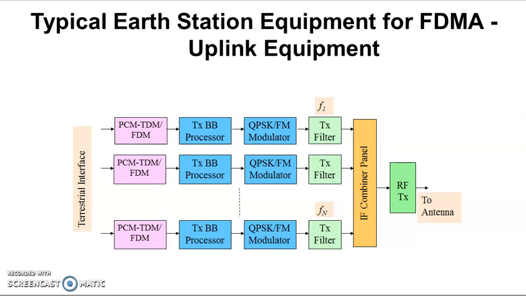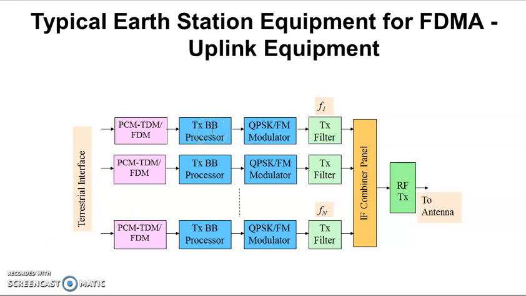Now we can have a system of the earth station equipment with a terrestrial interface. In this component we have the PCM, FDM uplink equipment. Then we have the FDM, then a transponder and a transmitter.